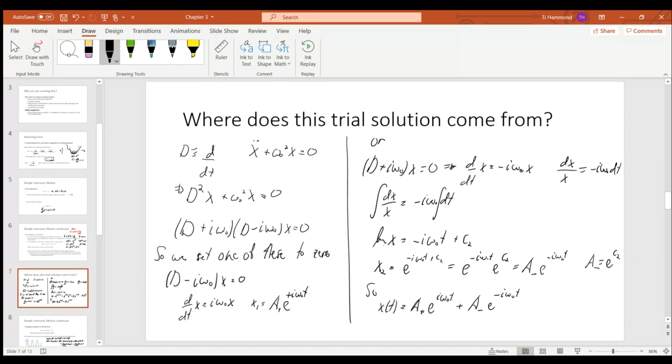So we have two solutions because we had two roots in our second order differential equation. And so that means we have x of t is equal to a plus e to the i omega naught t plus a minus e to the minus i omega naught t, where a plus and a minus are not necessarily the same thing, but they will have to be complex. Okay?